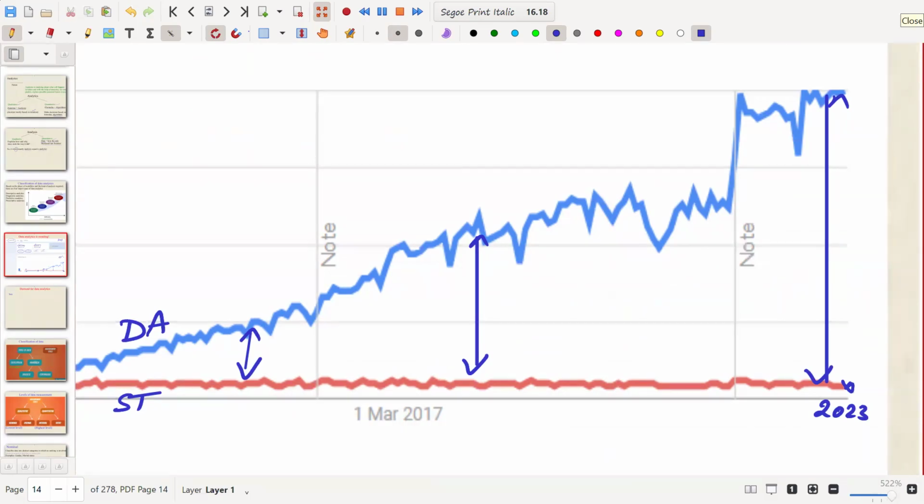I'm doing the storytelling to you: mark all the blue as data analytics, mark all the red as statisticians, and let us mark the trend over the period from 2004 to 2023. What I see is that till 2010, the statistician was overpowering data analytics, and after that, data analytics overpowered the statistician.